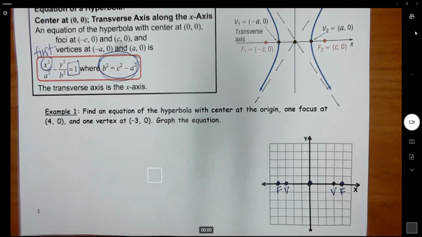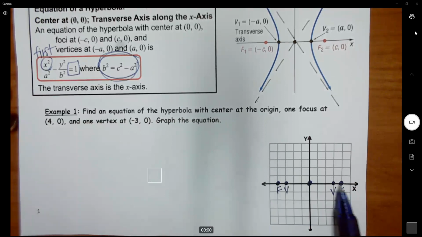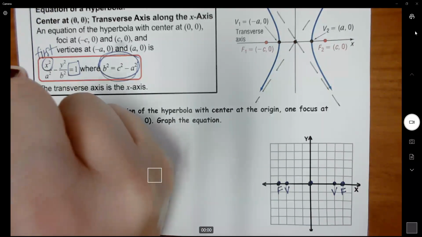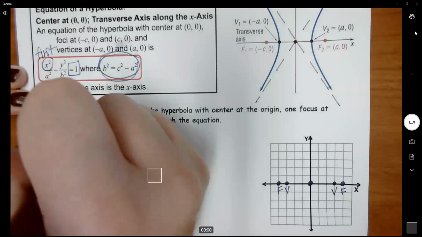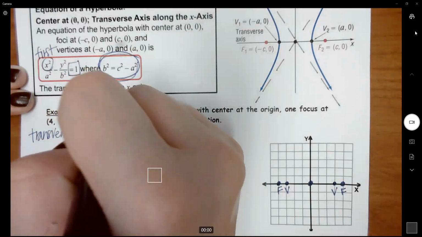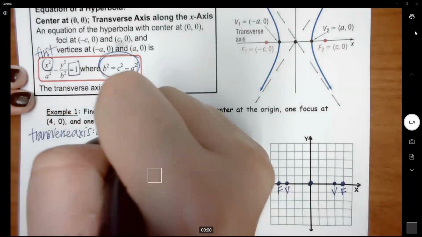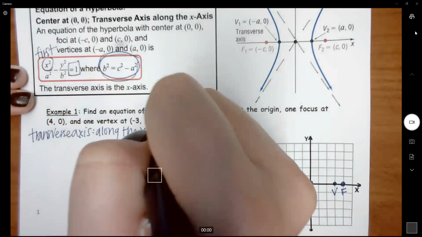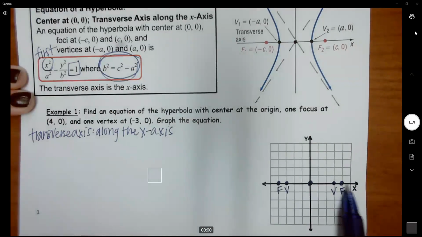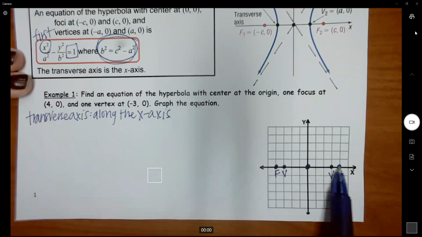We don't know any different yet, but I can see that my transverse axis is along the x-axis because that's what contains those points there.